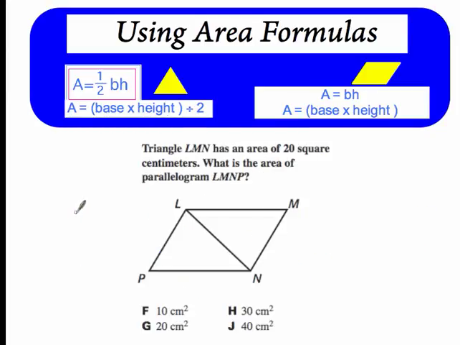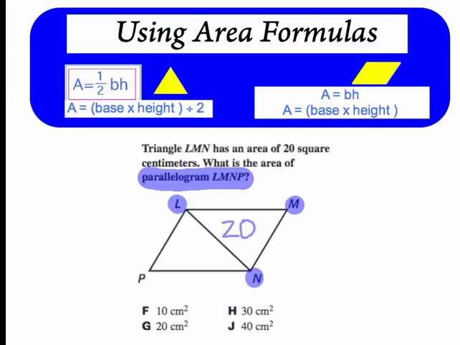This one says triangle LMN has an area of 20 square centimeters. So let's find LMN, and it has 20 square centimeters. What is the area of parallelogram LMNP? So what's the area of the entire thing?